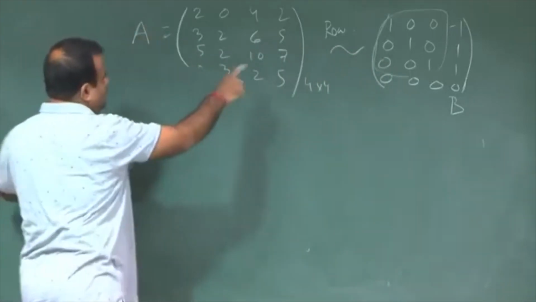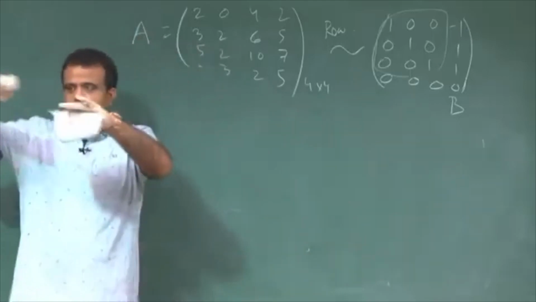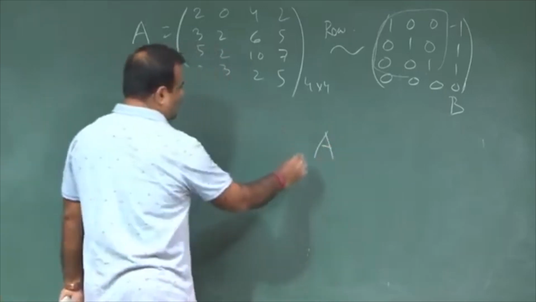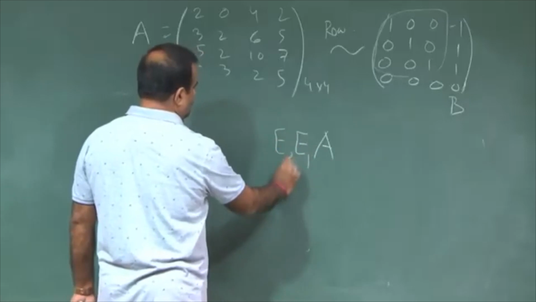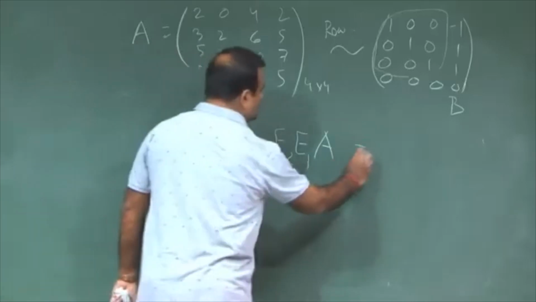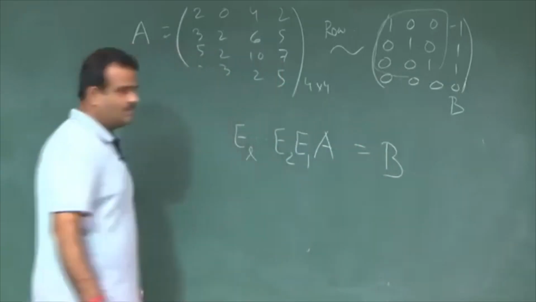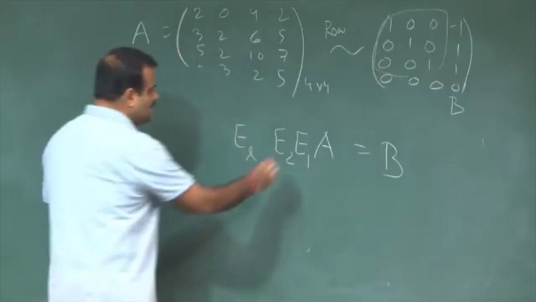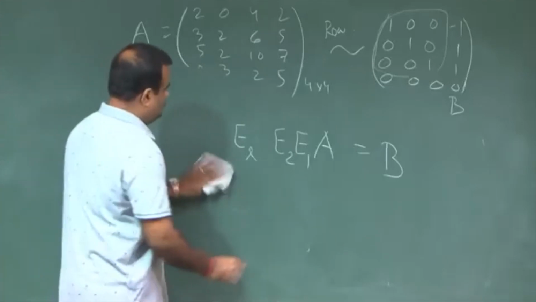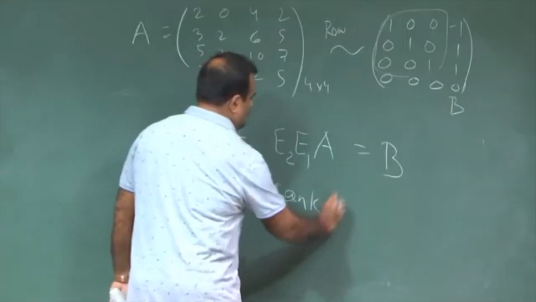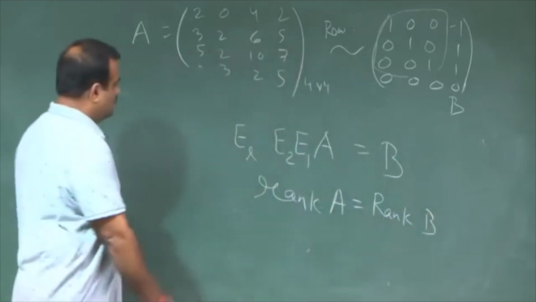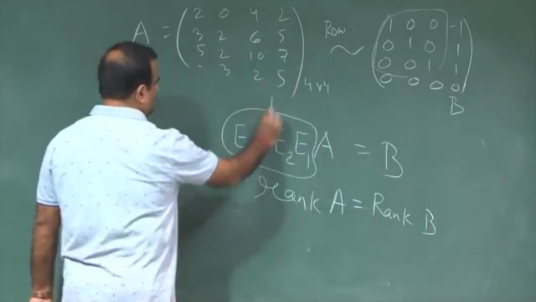So, if we have a matrix A and we get another matrix B by doing elementary row operations, then we have some elementary matrices E1, E2, up to EL, say L of them, we do not know how many. Applying them gives B, and these are all elementary operations, and these are all non-singular matrices. So, that is why the rank of A is the same as the rank of B, and this product we can denote by the P matrix.